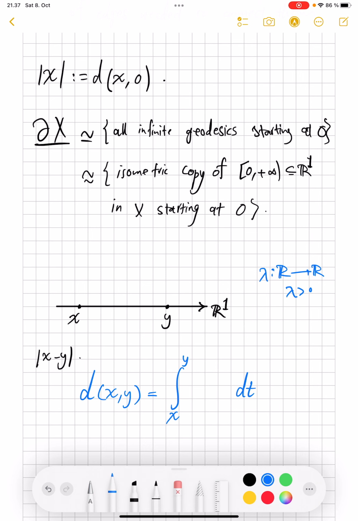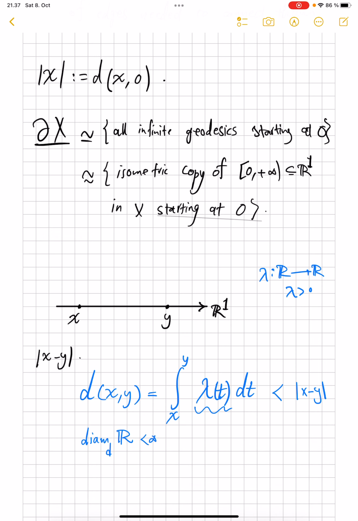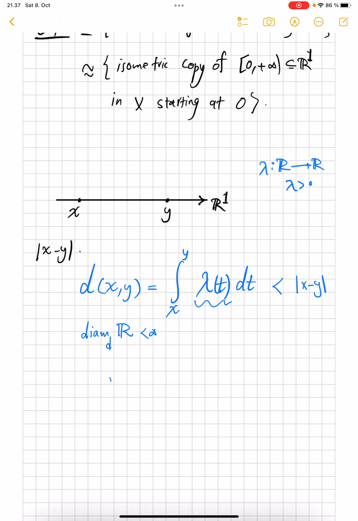So the idea of weight is just to weigh it down by this function lambda(t). If lambda(t) is, say, less than 1, then this gives a shorter distance than the original one. And if lambda is integrable over the whole R^1, we could actually have the whole diameter of the real line with this distance be finite. What is the longest distance you can get?